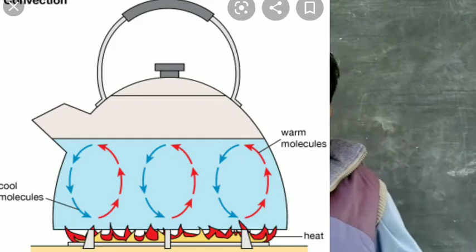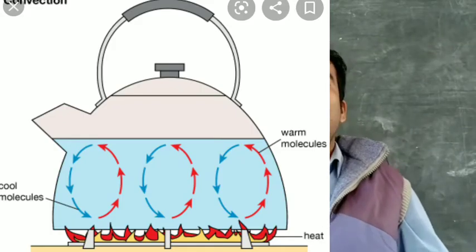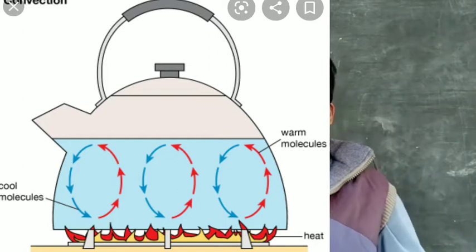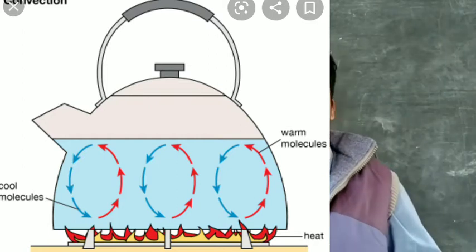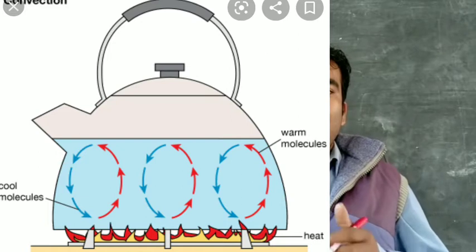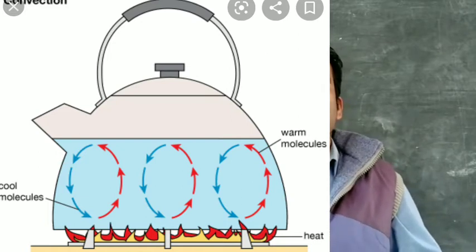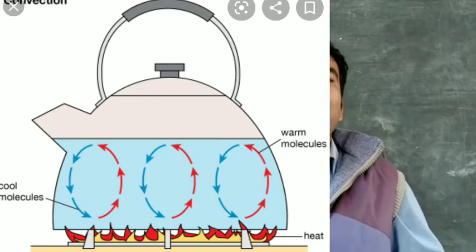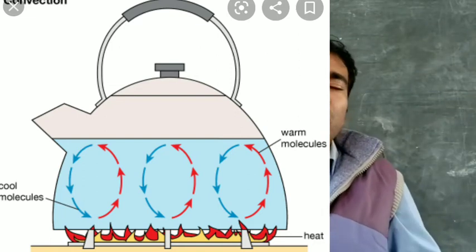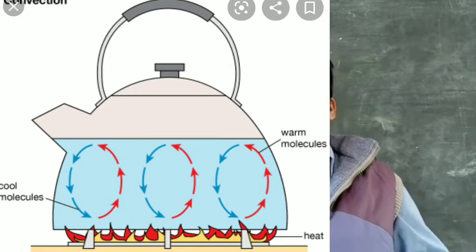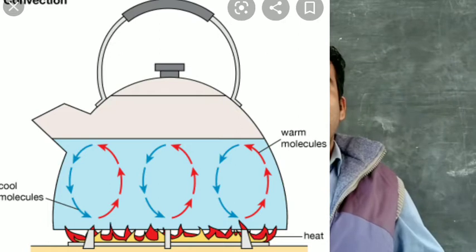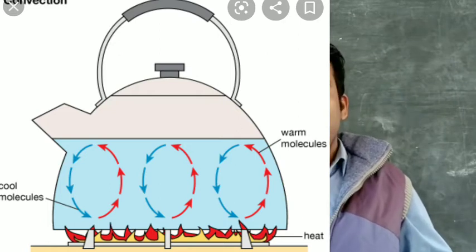On the other hand, the second one is convection. What is convection? During the boiling of water, what happens? We give heat only to the bottom portion of the water, and when we start to boil, the water remains steady. Slowly, the bottom water gets heat and becomes hot and comes upwards, and the cooler water from above goes downwards.